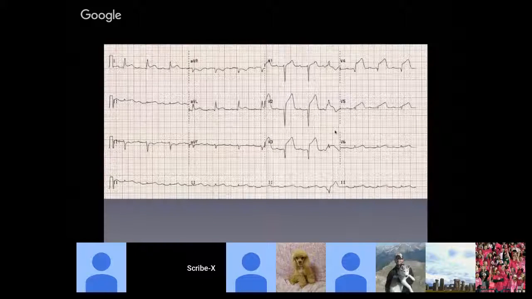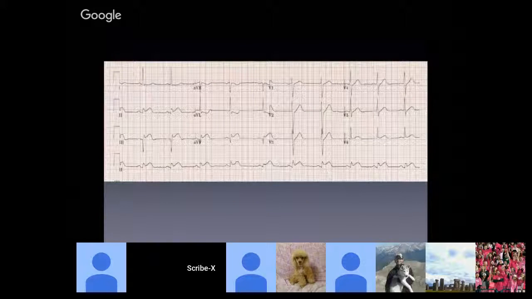So guess which artery this is? This is the left anterior descending artery. This is the LAD, and these are tombstones. This is the widowmaker, as they say. This is a big anterior MI. Bad news.